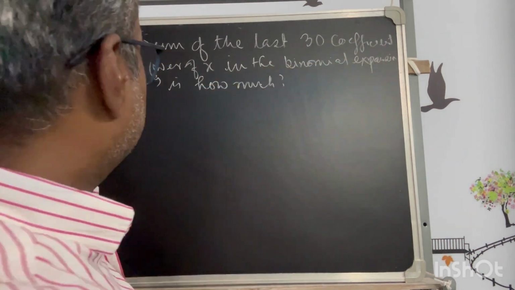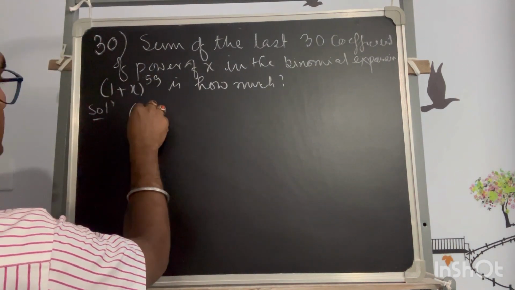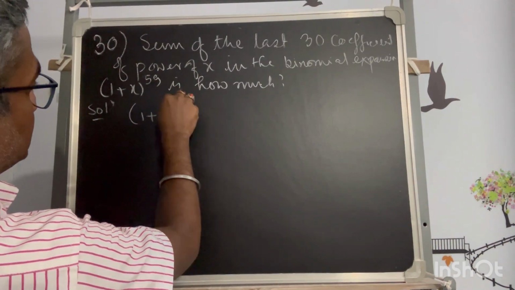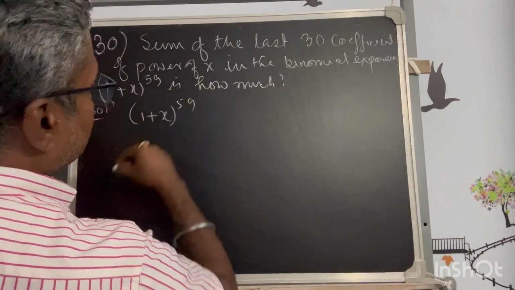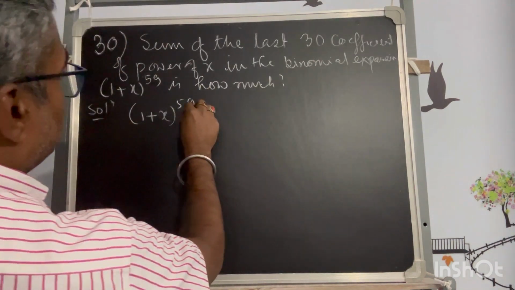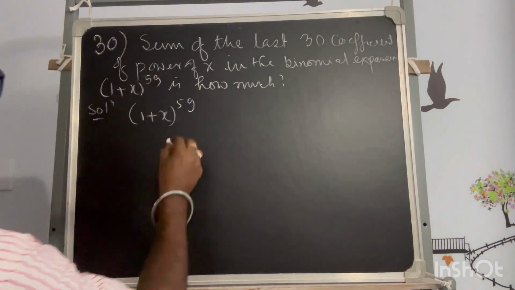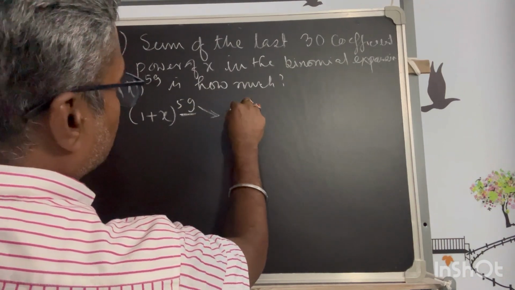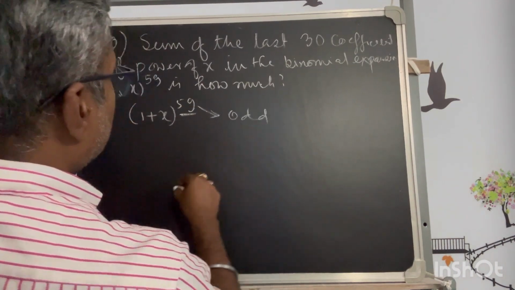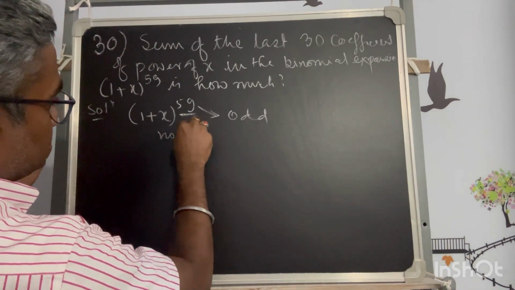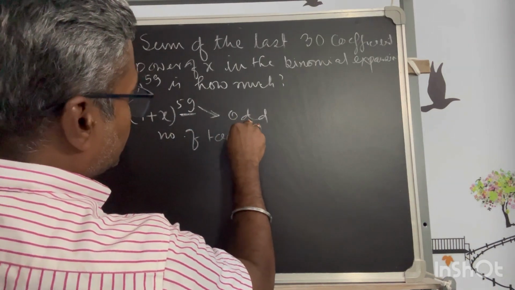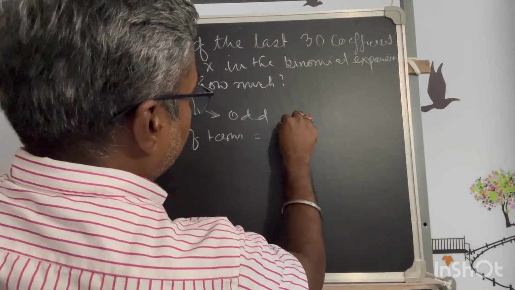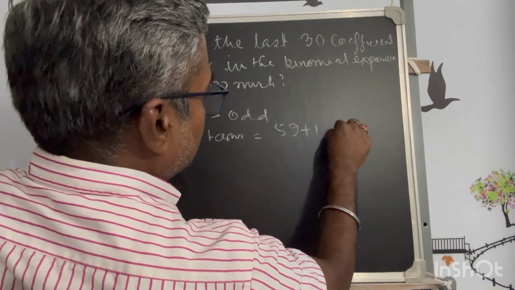the binomial series. So let us discuss it, seeing the binomial series first. The first thing we can see is that this power is odd in nature. So the number of terms will be 59 plus 1, that is equal to 60.